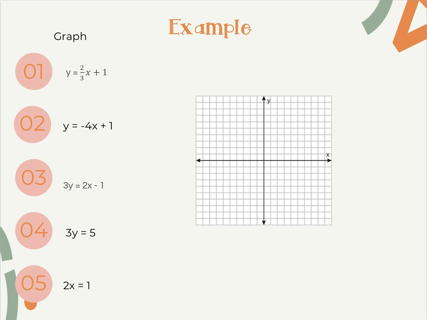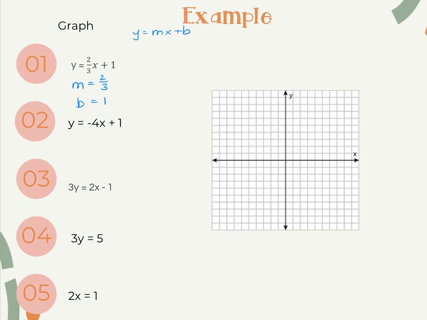Okay, so if we go to graph these, notice that all of these really are in slope-intercept form, and slope-intercept form is our preferred form for graphing. So in this first problem, remember that we've got y equals mx plus b. So my m is 2/3, and my b, or my y-intercept, is 1.